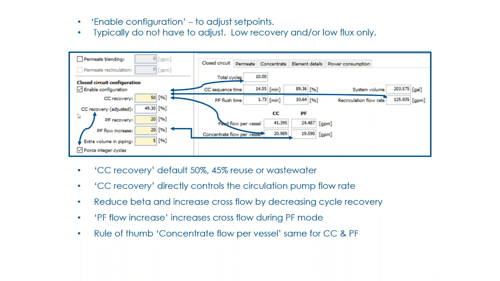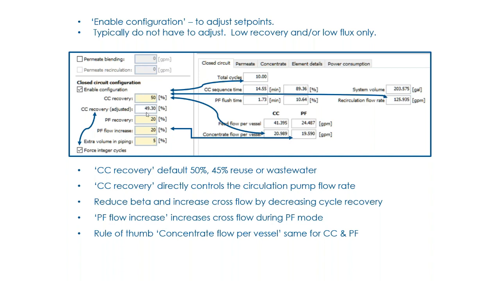But you do have the ability to tweak some of these inputs. So if you do want to change the default set points, and you can see the default set points here, 50% recovery, 20% recovery. So that's your cycle recovery, your PF recovery, and then your PF flow increase. If you want to change it, you can click on Enable Configuration, and then you'll have access. It won't be grayed out like above here.